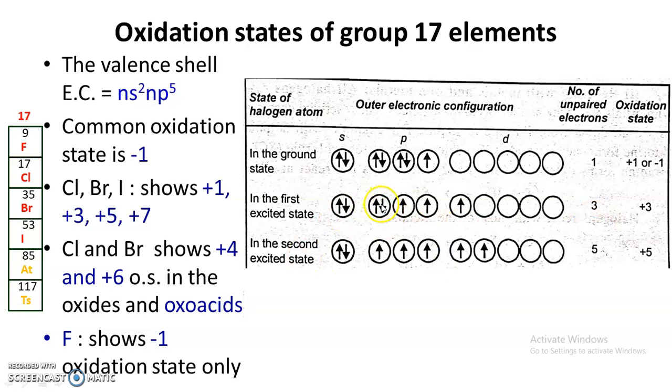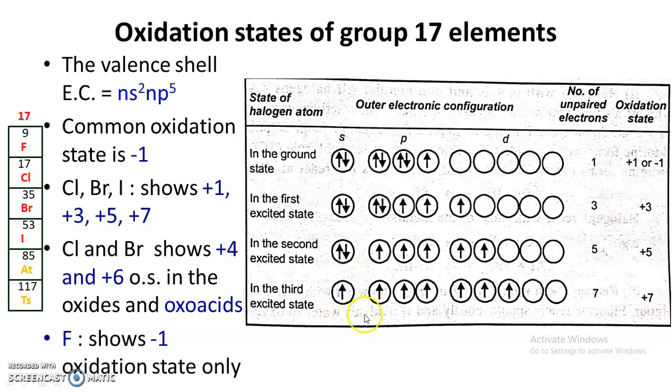Similarly, when 2 electrons are excited from the p orbital to the d orbital, the total number of unpaired electrons will be 5, and the covalency will be 5, so 5 electrons can be shared. In that case its valency will be 5.